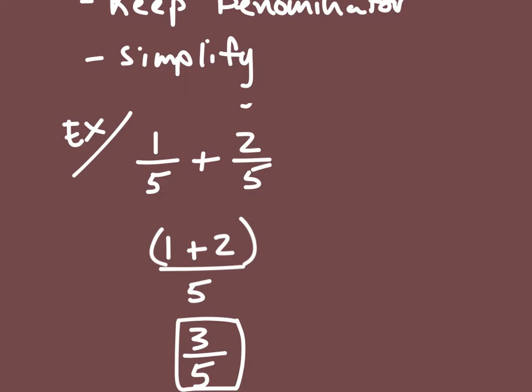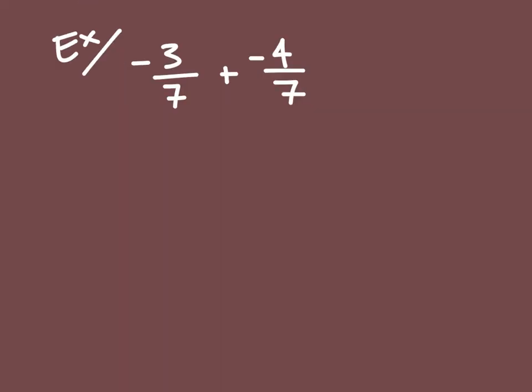All right, but let's look at another example. Let's say I had the example -3/7 plus -4/7. Notice how I have a common denominator. My denominator is the same. So what I'm going to do is rewrite my numerator and write -3 plus -4, and this is all over my common denominator of 7.